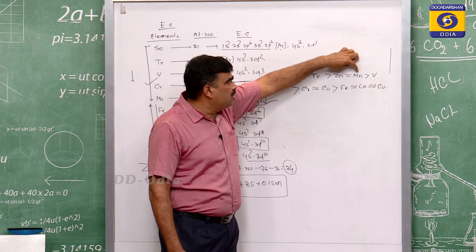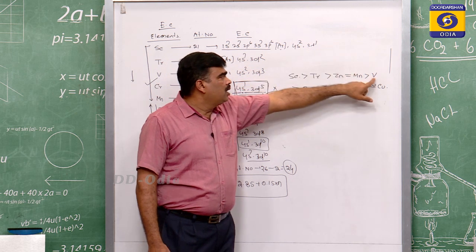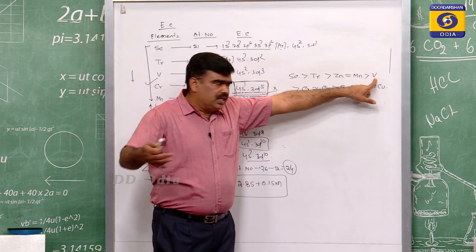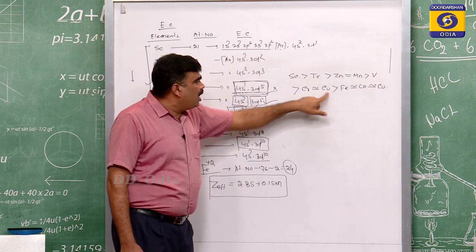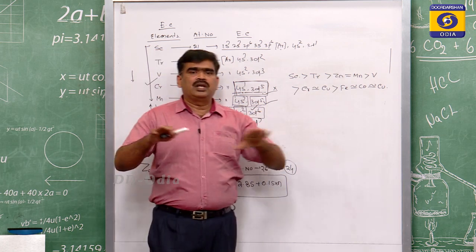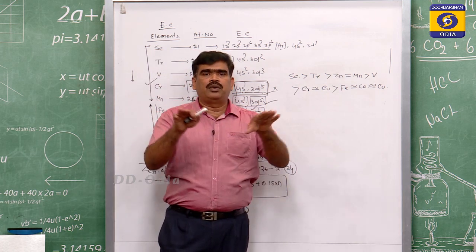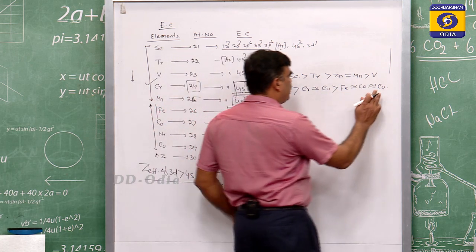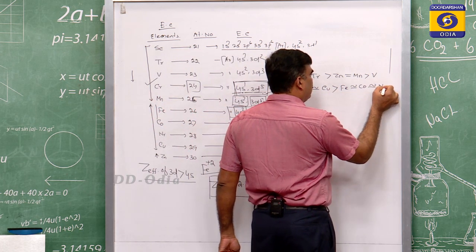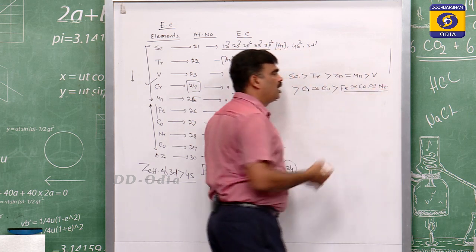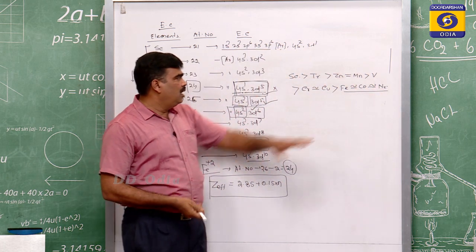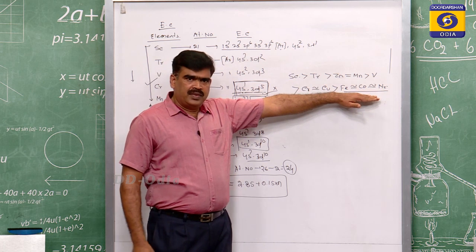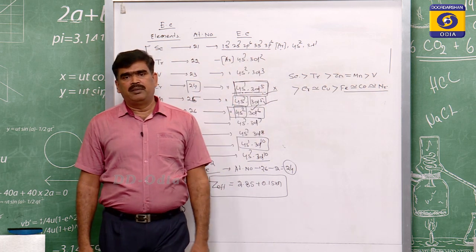Zinc के साथ मैंगानीज, ये दोनों का atomic size बराबर है, then they are more in size than vanadium, and copper and chromium have almost a similar size, then iron, cobalt and sorry, this is nickel, they have similar atomic size, but their size is the lowest among 3d elements.